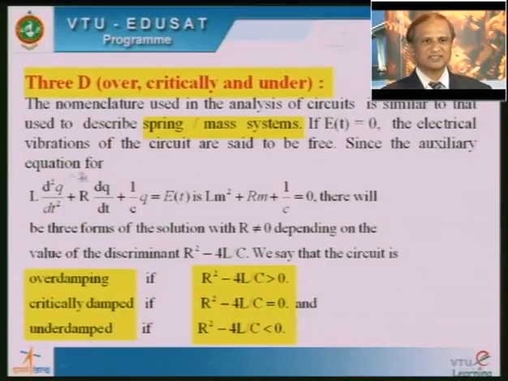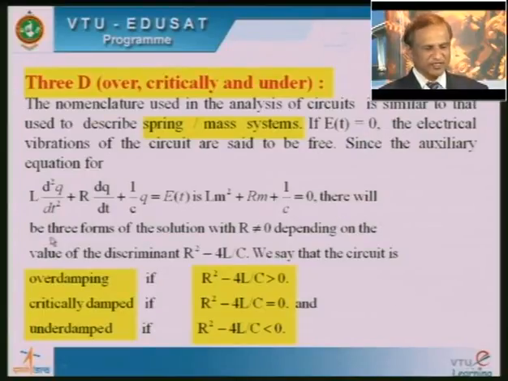Since the auxiliary equation for L into d square q upon dt square plus R into dq by dt plus 1 upon C into Q is equal to E of t, right, is L into m square. It means as usual replace d by dt by capital D. Is it clear? D by dt by capital D, and finally replace capital D by m, right? So we can obtain this equation, L into m square plus R into m plus 1 upon C is equal to 0. Is it clear?